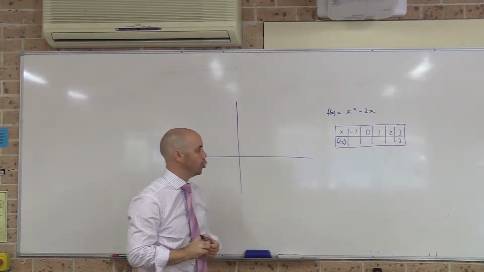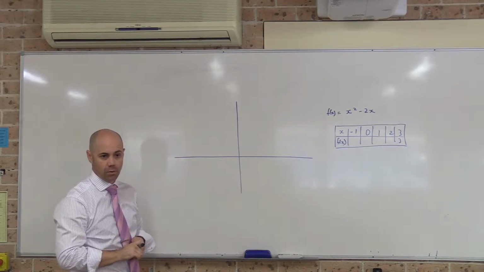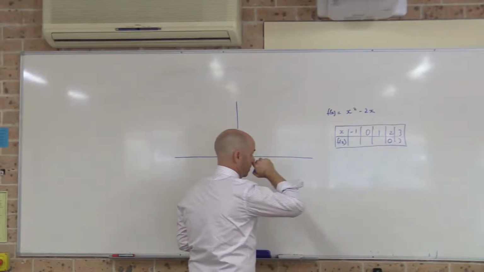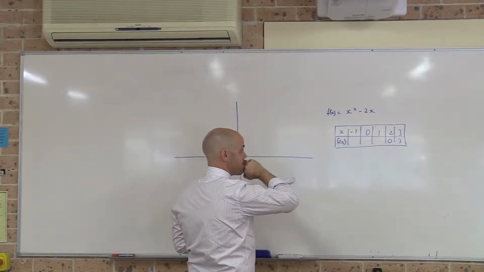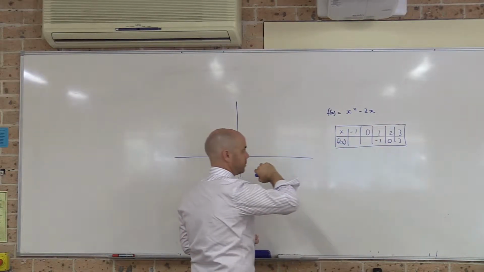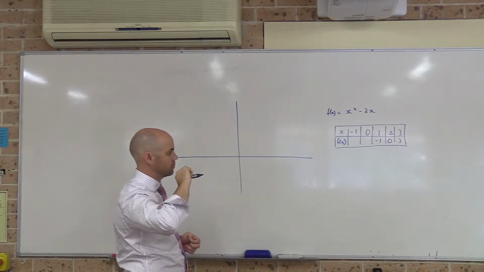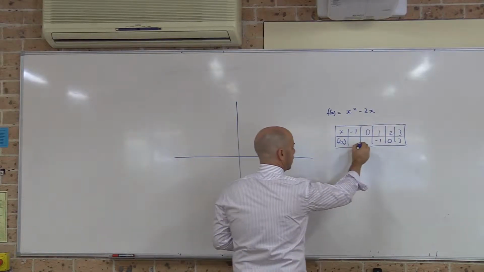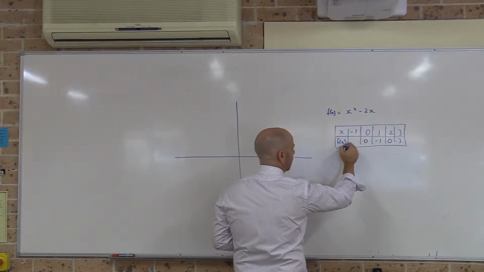When x equals 2, what does the function equal? 0. When x equals 1, it's negative 1.